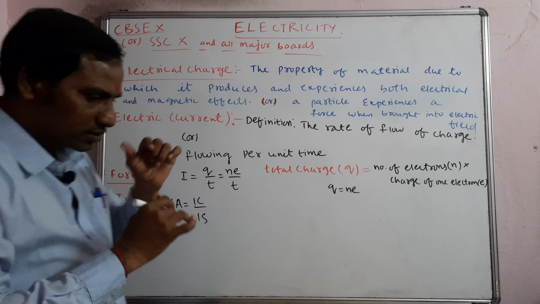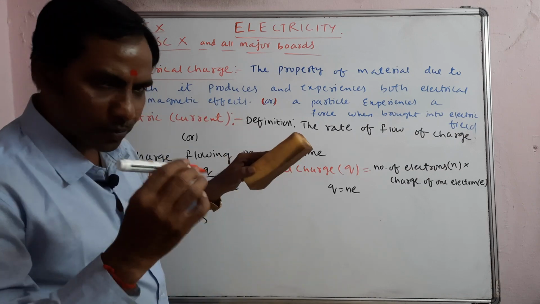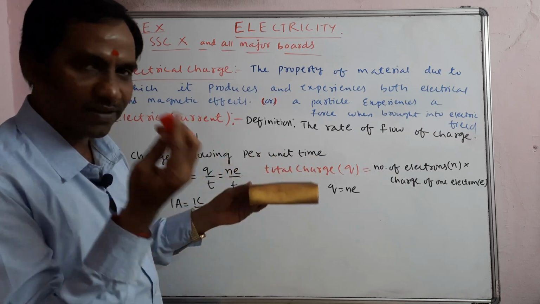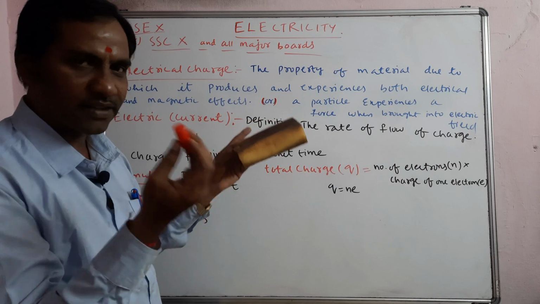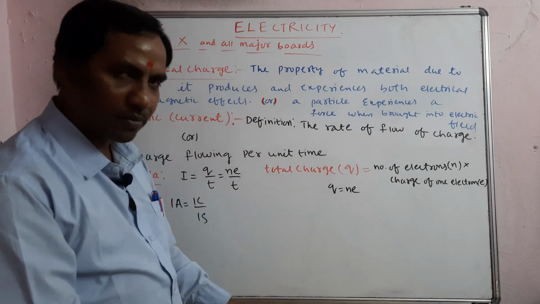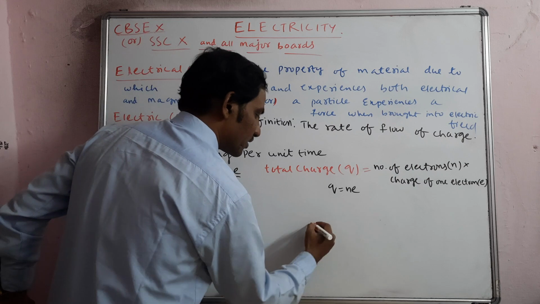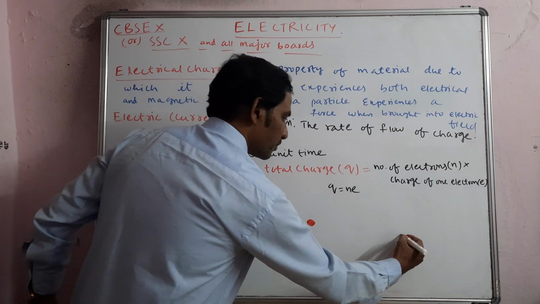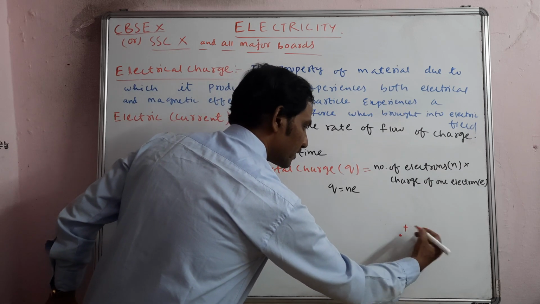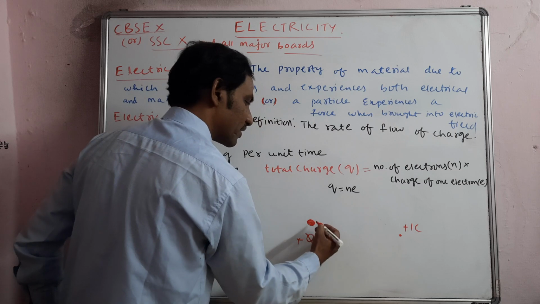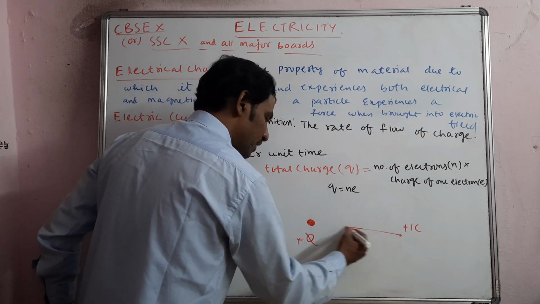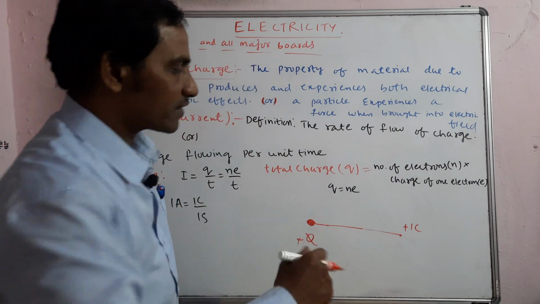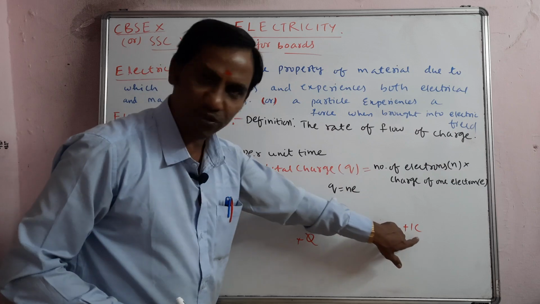Another one is, for example, there is a charged object like this, say some plus q. If you bring a small charged particle near to it, for example a small plus 1 coulomb, what will happen?